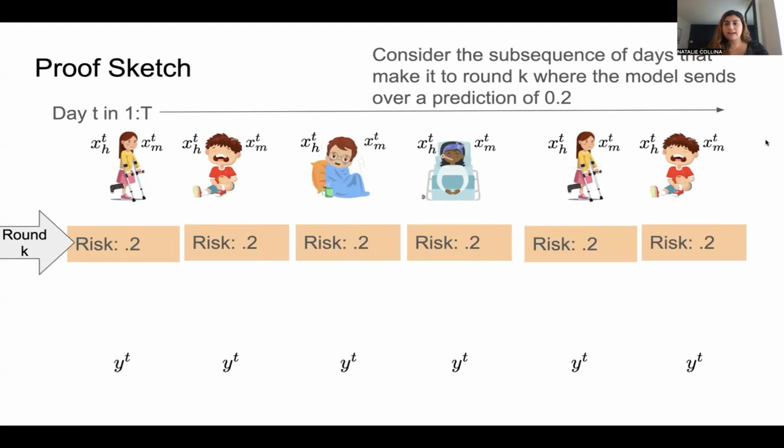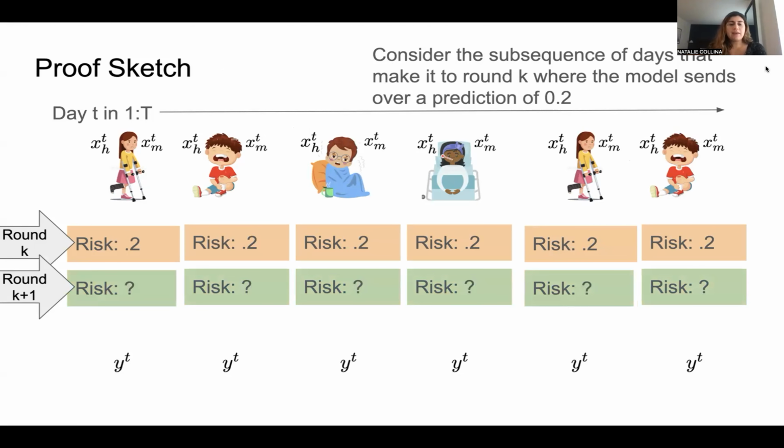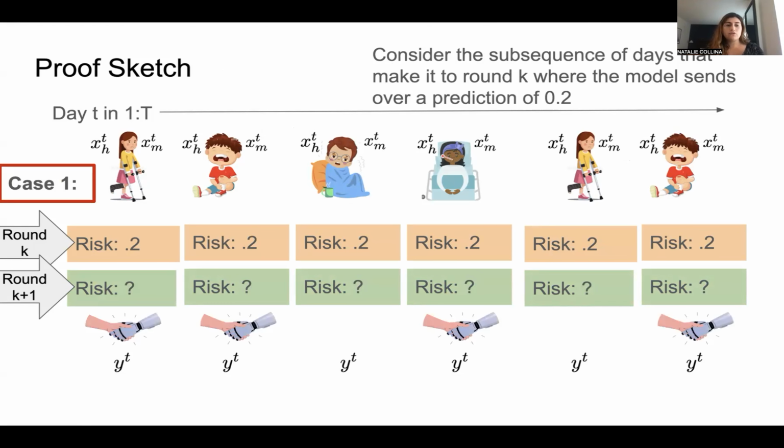Here's a quick proof sketch. Let's look at just a subsequence of days that make it to round K, where the model sends over a prediction of 0.2. So here we go, we're at round K. The model is sending 0.2. And now we can ask what's going to happen in the next round. In round K plus 1, there are two things that could happen. The first one is that in most of those rounds, there is agreement.